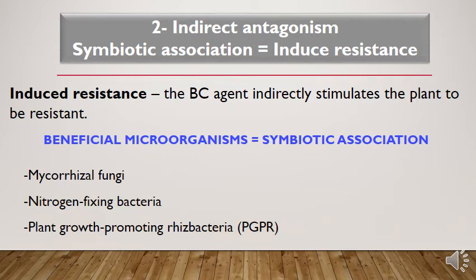For example, have you heard about beneficial microorganisms or symbiotic association? Mycorrhiza fungi, nitrogen fixing bacteria, plant growth promoting rhizobacteria. All of these beneficial microorganisms can stimulate resistance in plants, and we know that as induced resistance.